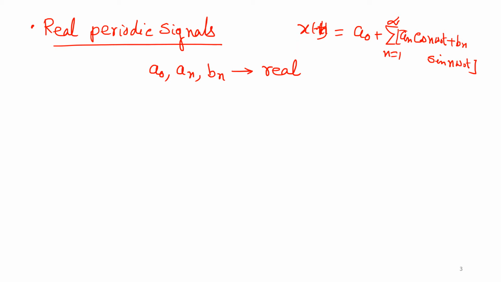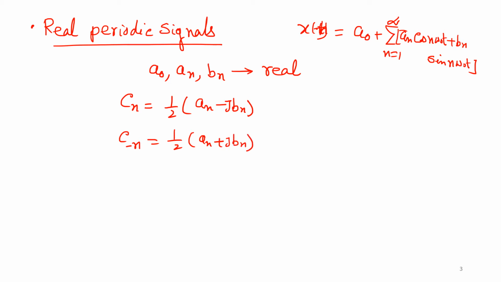And if they are real, now Cn, you see, is given as, or written as, simply half of An minus j bn, and C minus n is written as half of An plus j bn.